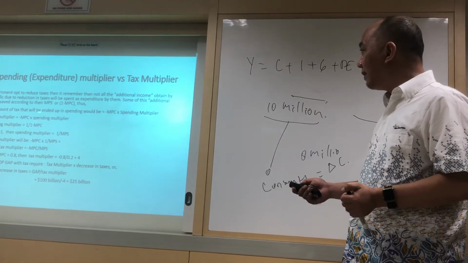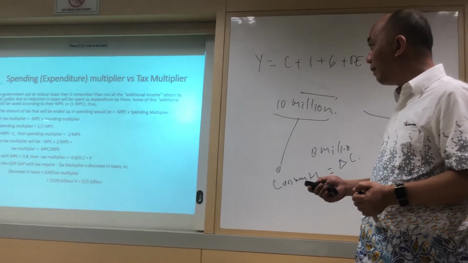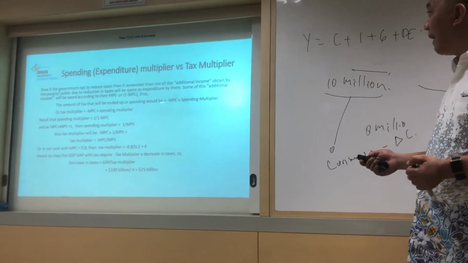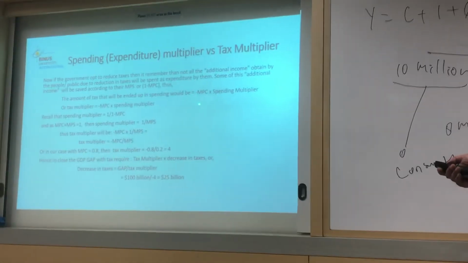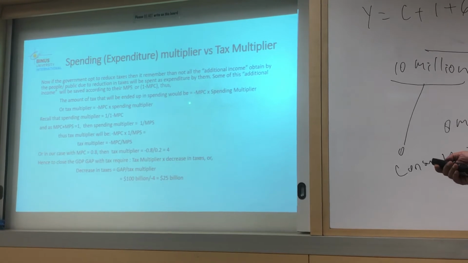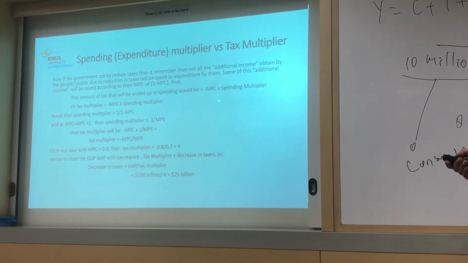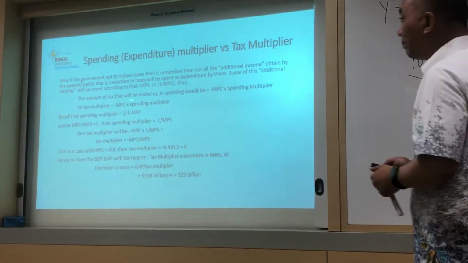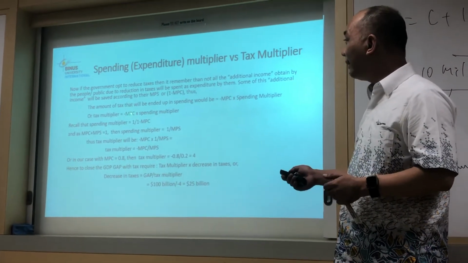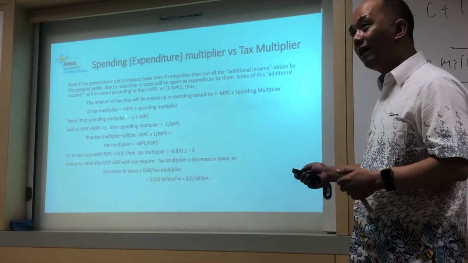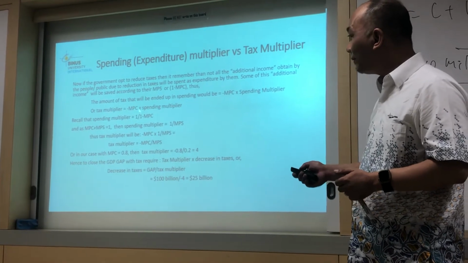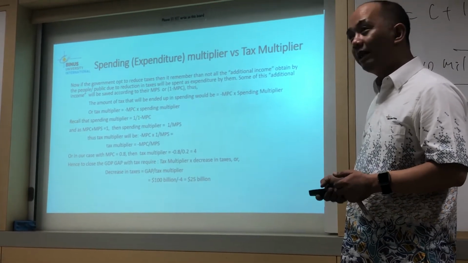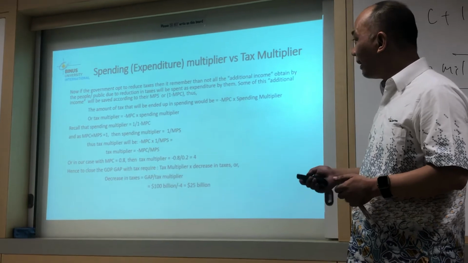You can see that. So again, the amount of tax that will end up in spending would be minus MPC, remember the minus, because it's a reduction in tax, times the spending multiplier. Or the tax multiplier is equal to minus MPC times the spending multiplier. Okay, this is an example.